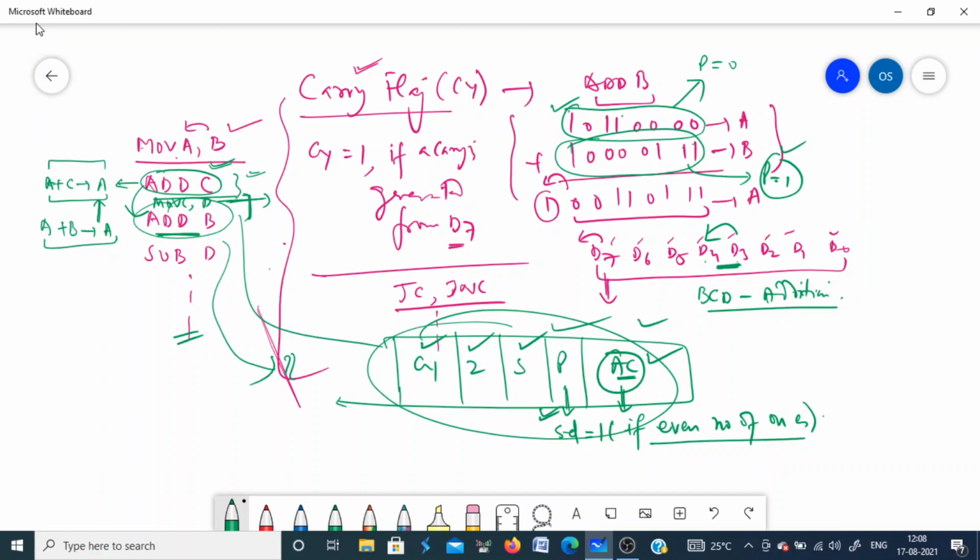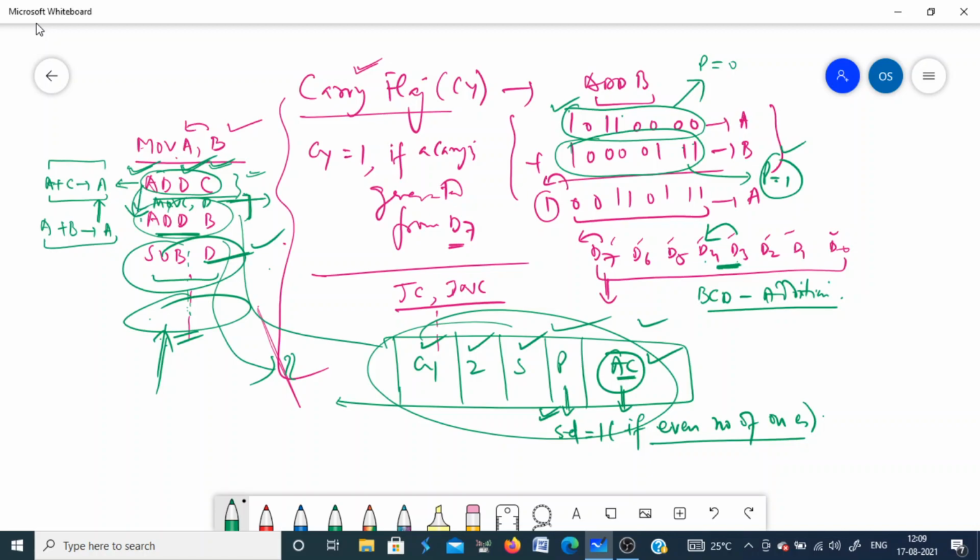So whenever you have to check the status of the flags, make sure that you check it directly after the instruction. If you go on writing some instructions and then want to see the status of the flag for an earlier instruction, but you check the status at this point, it will not give you the status of the flags for that instruction. It will give the status of flags for the last instruction.